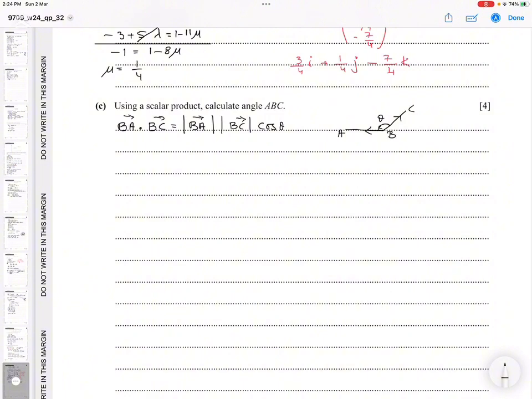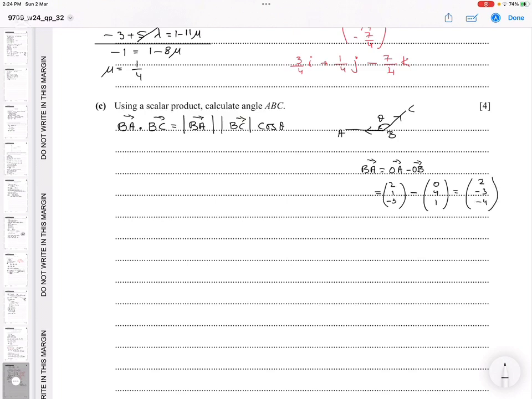Your BA is OA minus OB. 2, 1, minus 3 minus 0, 4, 1. This is 2, minus 3, minus 4.